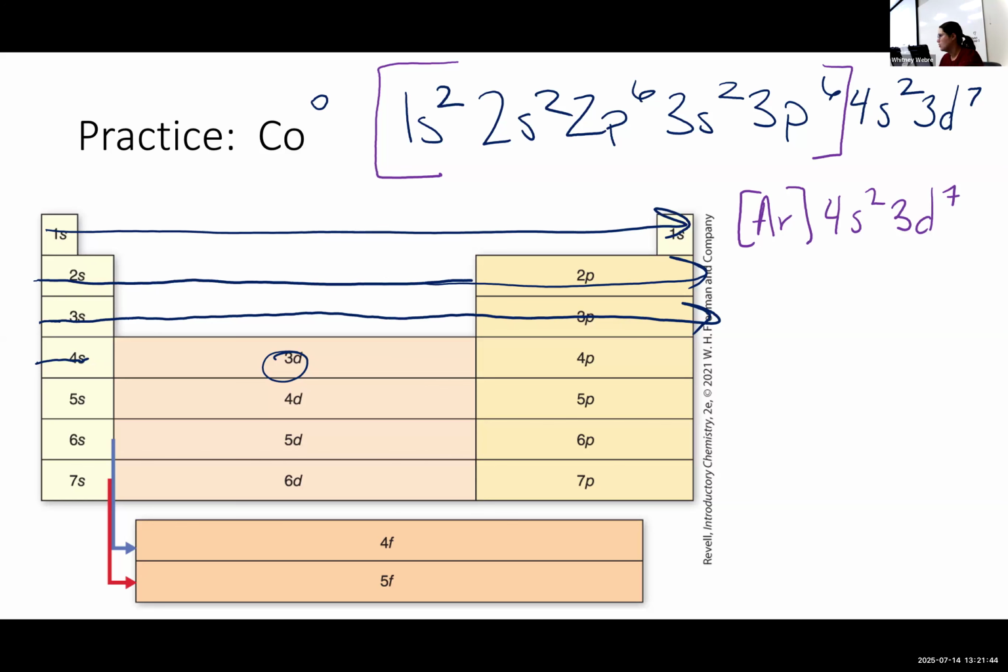So how many valence electrons for cobalt? 9. 2 plus 7, yes, 9. Were y'all able to see how I went from the full electron configuration to the noble gas?